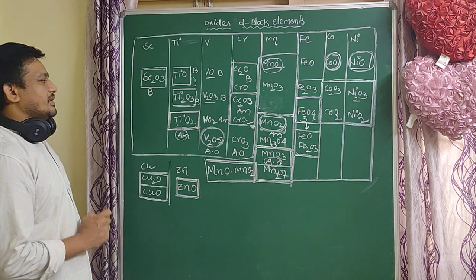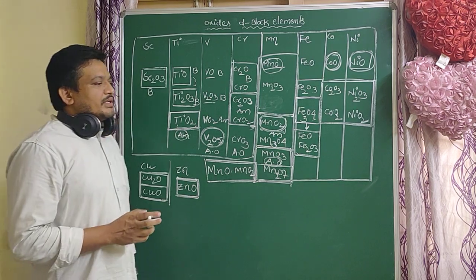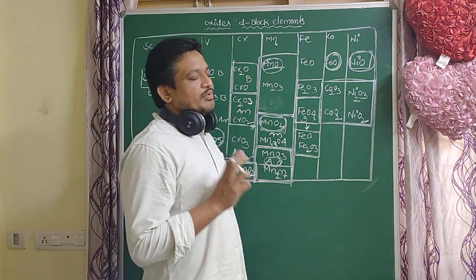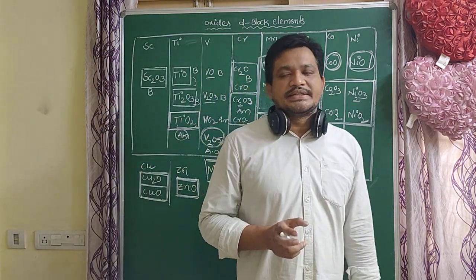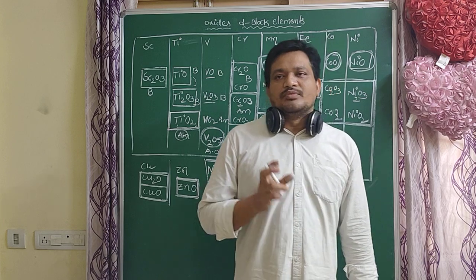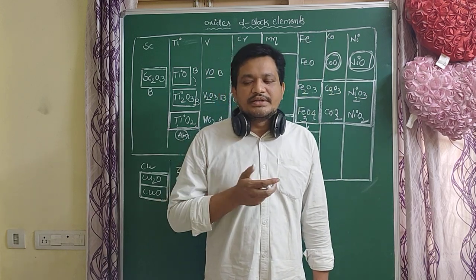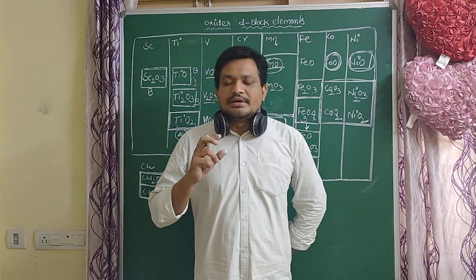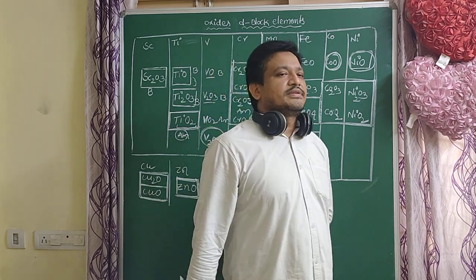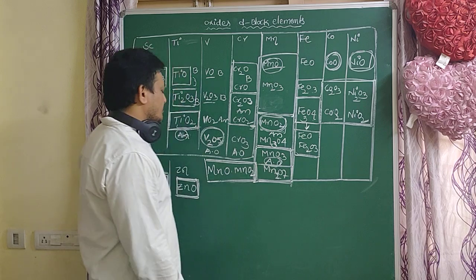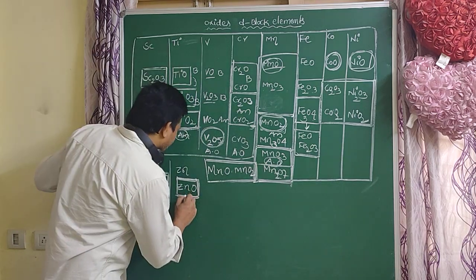That is very important. How do we identify amphoteric oxides? Amphoteric oxides react with both acids and bases. So ZnO is an amphoteric oxide.